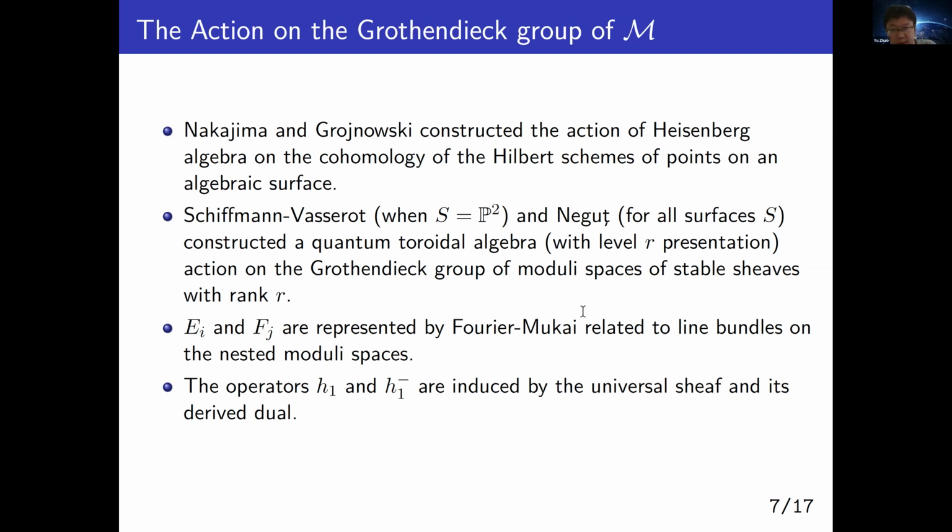We will see this further, and actually we can see all other Hk could be regarded as some combinations of the wedge product and the symmetric product of the universal sheaves. So this is what the quantum toroidal algebra and its representations are. Any questions?